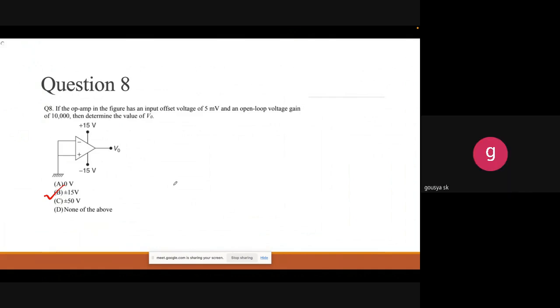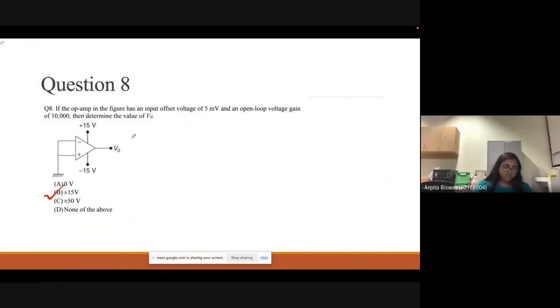When you are not applying any input, the output voltage will be equal to plus or minus V saturation, or plus VCC minus VEE. Okay. So see here, the input offset voltage is given, which is 5 millivolt, right?